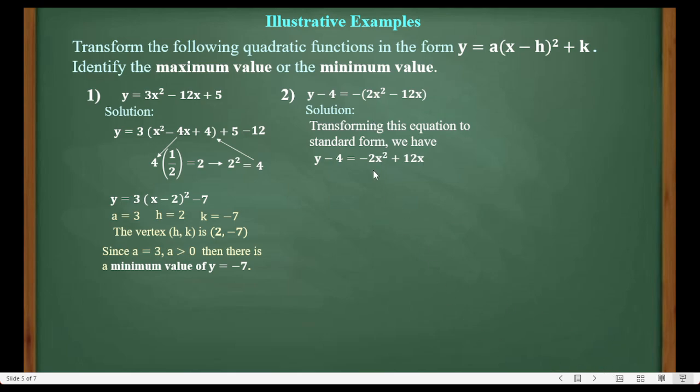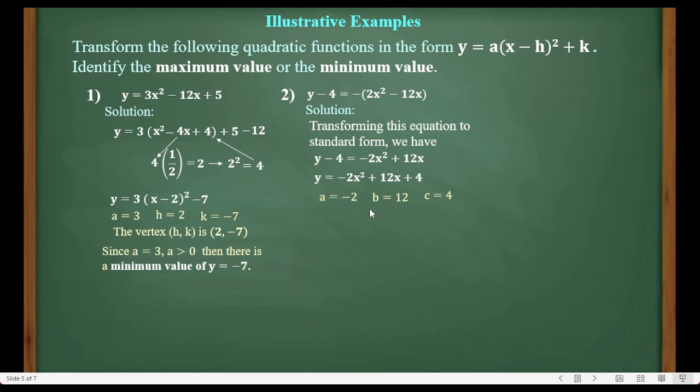Okay? So, negative 2x squared. Then, from negative, it becomes positive 12x. And then, negative 4 transposed to the right. At this point, the given equation is now in standard form. That is y equals negative 2x squared plus 12x plus 4.